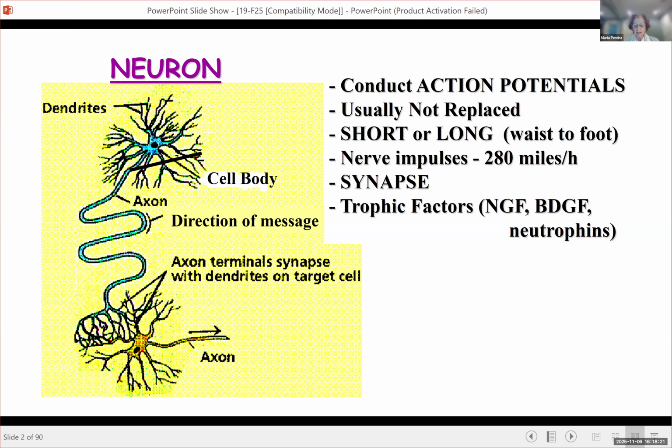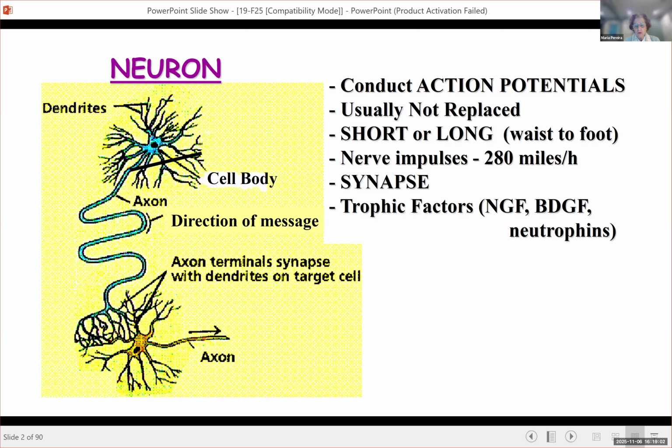So remember, muscle cells and neurons are the only ones that are excitable. That means that they can generate an electrical signal, an action potential, once they're stimulated, but the stimulus has to be strong enough. Neurons, when they die, are not replaced. There's no regeneration in most cases. The axons can be very, very long, like going from the waist all the way to the tibial, like the sciatic nerve is the longest one.